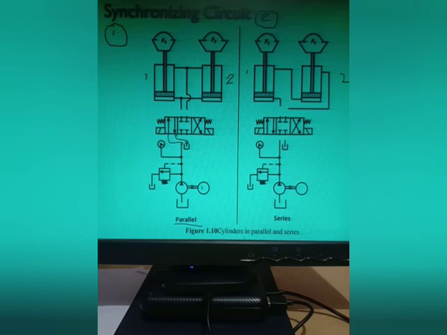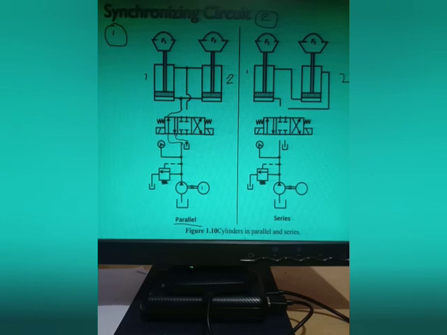Now there are two actuators. Suppose this is the A end of the actuators. Both the A ends of the actuators are connected in one line, and both these ends will be connected to the A port.